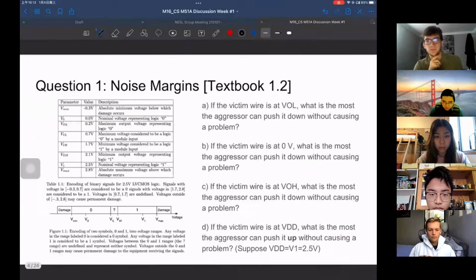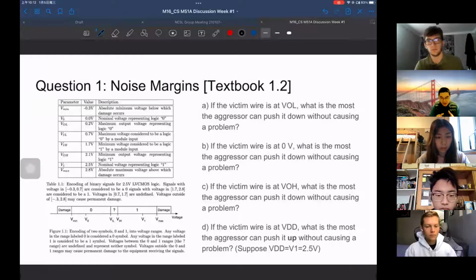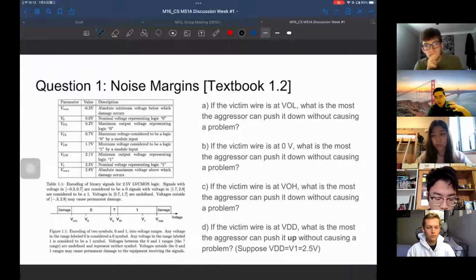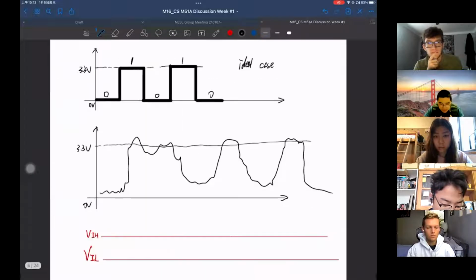Let's say we put two wires together. Because of the electromagnetic field, they will interact with each other, and this coupling will cause noise. Actually, the longer wire will cause some interference on the shorter wire, and that will cause some problems.